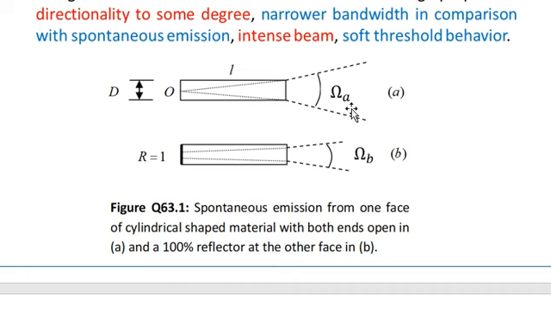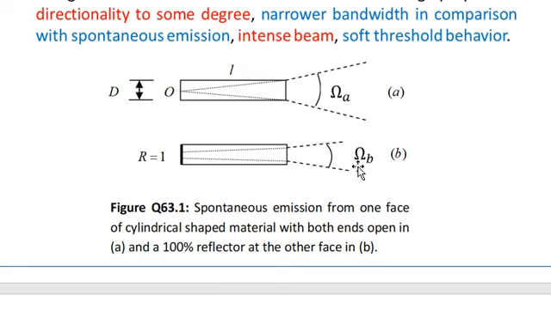Sigma A represents the solid angle of the light emitted from this cavity. The cavity contains some material, and you see that in figure B we have closed one end of the cavity by a 100% reflector. For example, a 100% reflector on the left hand side of the cavity, and the light will be emitted on the right hand side.